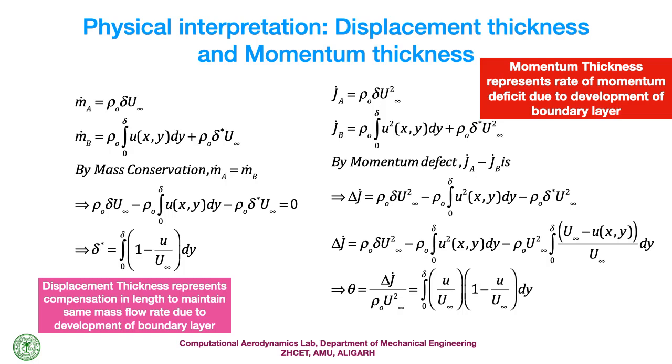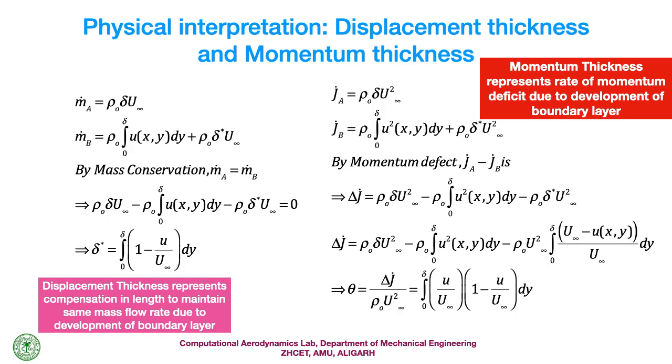First will be the integral from 0 to delta of rho naught u dy, where u is a varying velocity profile, plus the compensated part, that is rho naught delta star into u infinity. Now since by mass conservation the mass flow rate at section A and section B should be equal.